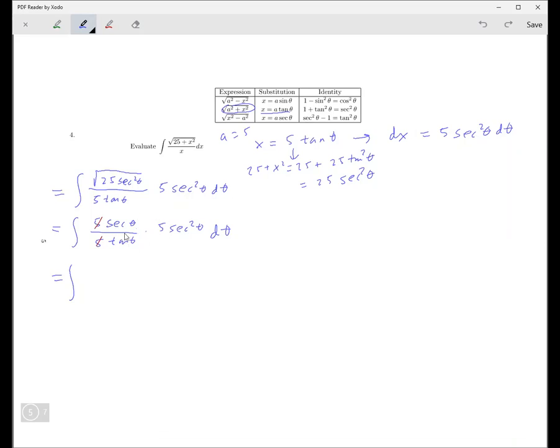So what we're going to do is take this secant squared and change that into tangent squared plus 1. Okay. And then put the 5 in the front. So we have 5 secant theta, and then this secant squared is 1 plus tangent squared.